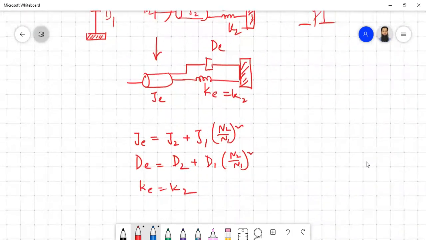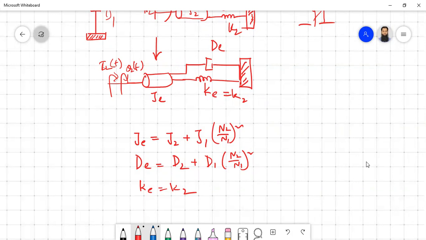And then, since you have taken everything to the secondary side, your torque is actually applied in the primary side. So we have to find out the torque tau 2(t) as well as theta 2(t). Theta 2 we don't have to worry about too much.